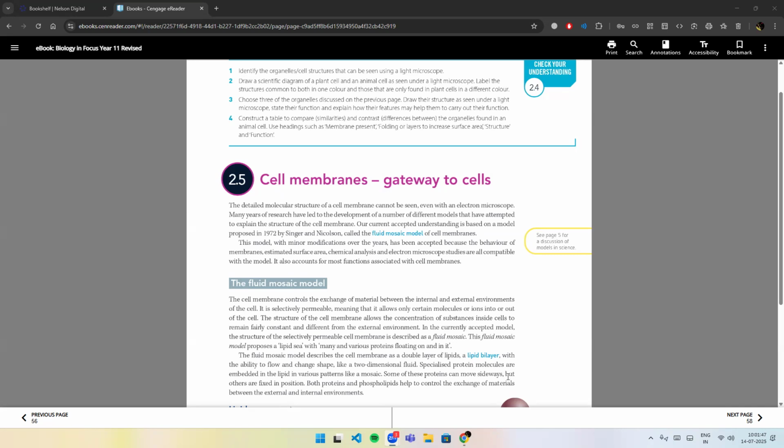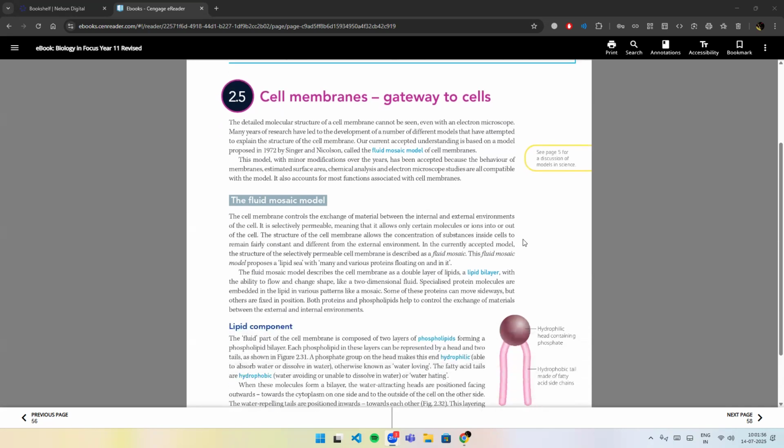The detailed molecular structure of a cell membrane cannot be seen even with an electron microscope. Many years of research have led to the development of a number of different models that have attempted to explain the structure of the cell membrane. Our current accepted understanding is based on a model proposed in 1972 by Singer and Nicolson called the fluid mosaic model of cell membranes.